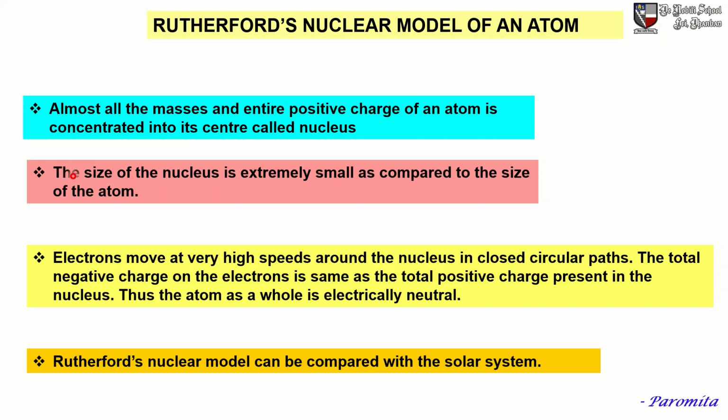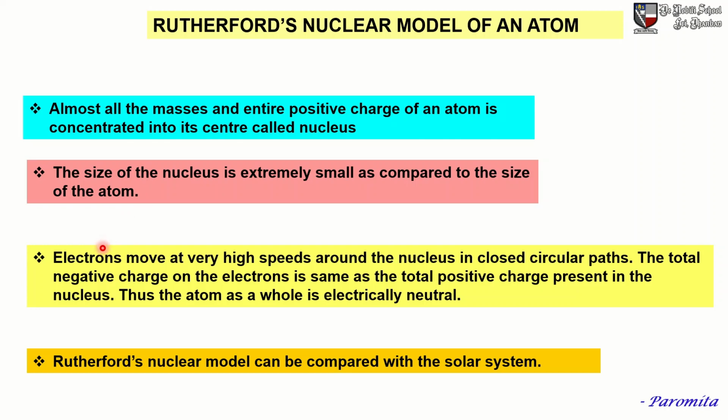The second point is the size of the nucleus is extremely small as compared to the size of the atom. Radius of the nucleus is of the order 10 to the power minus 13 centimeter, while that of the atom is of the order 10 to the power minus 8 centimeter. The remaining space in the atom is hollow. That's why most of the alpha rays passed undeviated through the atom.